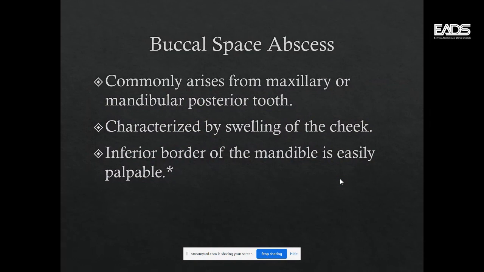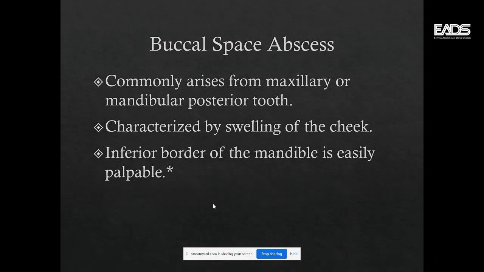As for the buccal space, it commonly arises from maxillary or mandibular posterior teeth, characterized by swelling of the cheek. The inferior border of the mandible is usually palpable. So this is the main indicator, I would say, for differentiating where the spaces might be. If you can easily palpate the mandibular border, then that means this is the buccal space.